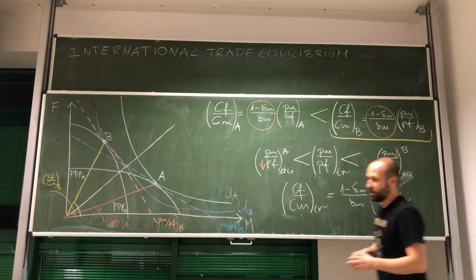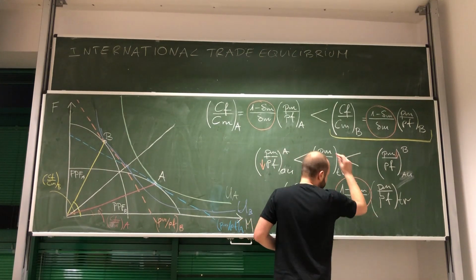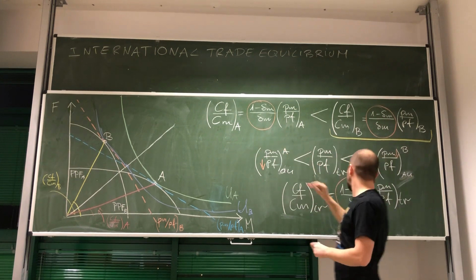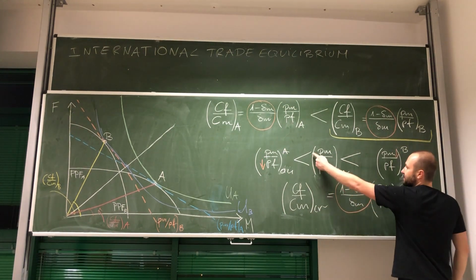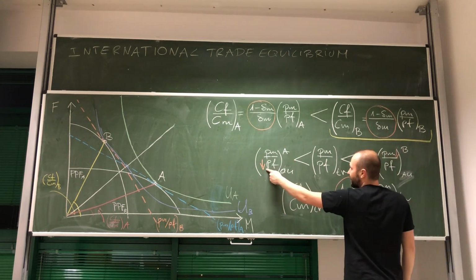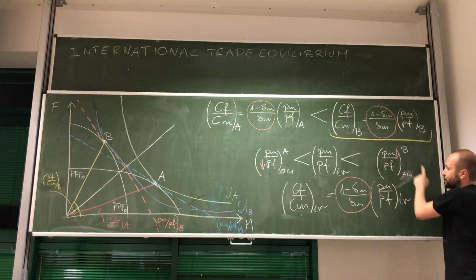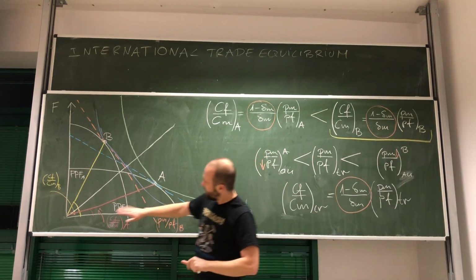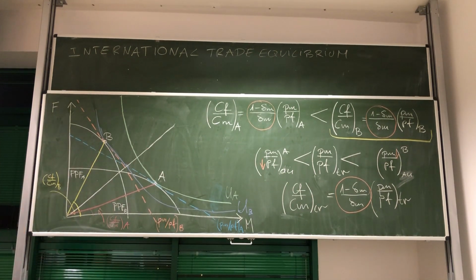Why? Again, look, this parameter, this expression, is the same in all three cases, right? But we know that because relative price is between relative price in Austria and relative price in Belgium, so what we will get as a result is something in between these two solutions.